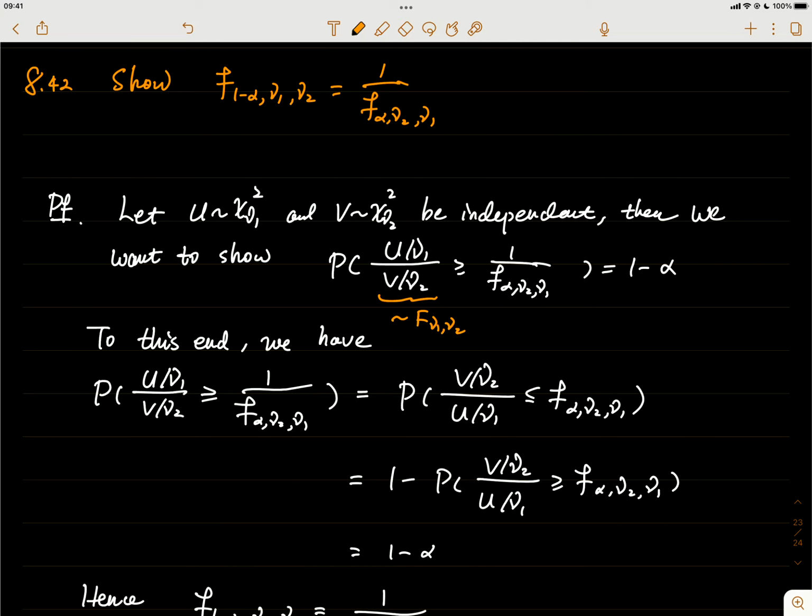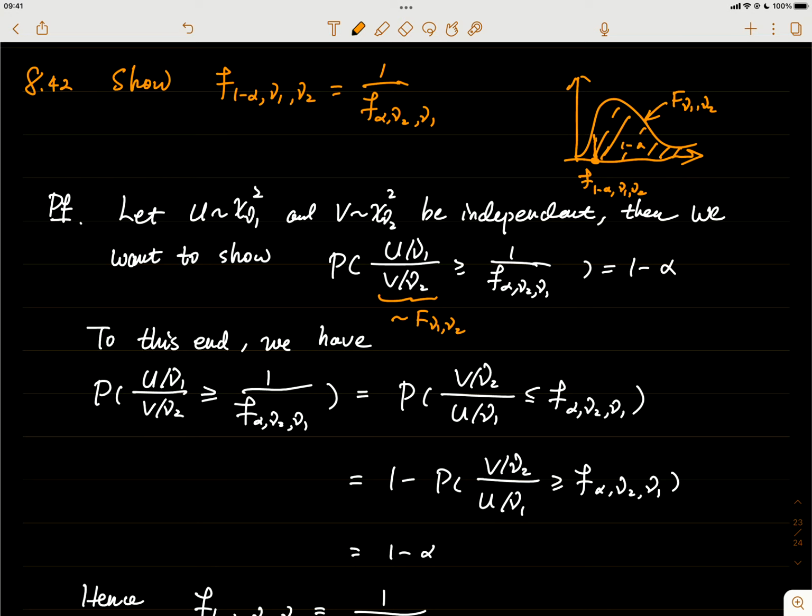say we have this is our PDF of the F distribution with nu1, nu2 as the degrees of freedom, and let's say that 1 minus alpha is this. So this shaded area here is 1 minus alpha. Then this point right here should be F(1 minus alpha, nu1, nu2).